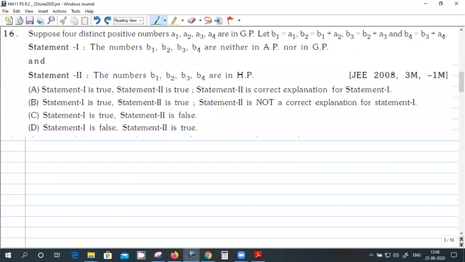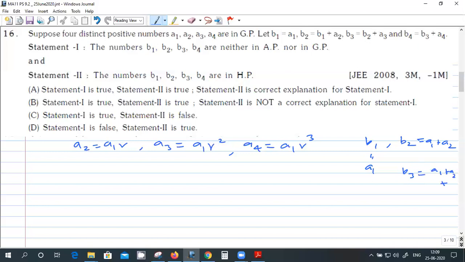Okay, this one. 4 distinct positive numbers are in GP. So it is the sequence A1.